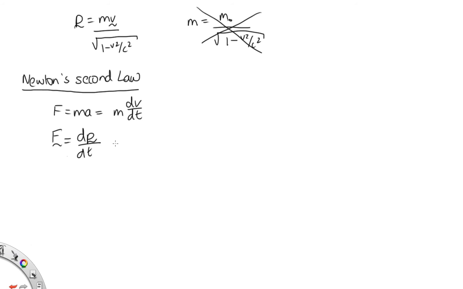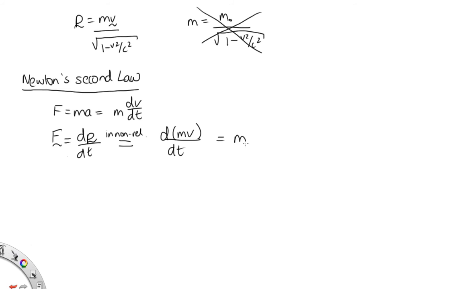Now let's just show that this is correct in the non-relativistic limit. Well, we can write momentum in the non-relativistic case as mv. And in the non-relativistic case, the only thing which is varying is your velocity, not your mass.